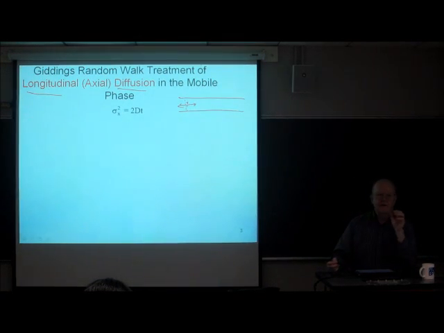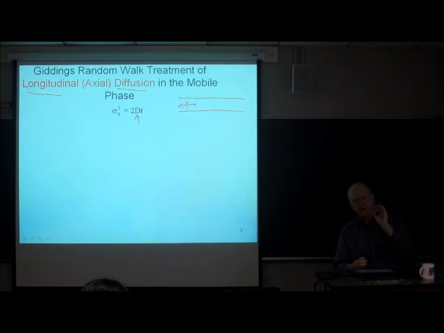The width, the sigma of the zone of solutes, if we have their diffusion coefficient, and if we know the amount of time that they're undergoing diffusion, then we can calculate the sigma of the zone. We take the sigma of the zone and convert it to an HETP by taking sigma squared divided by L. That's the HETP for this process.